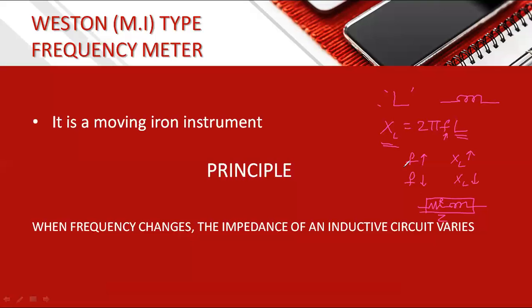Let this be L, the XL which we have discussed. So the frequency increases, for which R is going to be constant, but the reactance of the inductor will increase. Ultimately, R plus j omega L, that means R plus j XL. XL increases, so impedance will also get increased. Now, if frequency reduces, the impedance will get reduced.